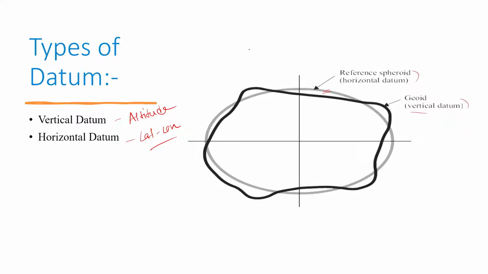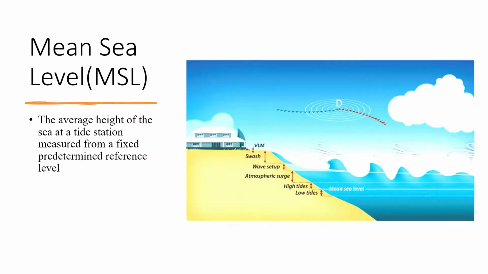There is also a known thing, I think everybody knows about MSL, mean sea level, from where the measurement is done. Let's describe these things: MSL, spheroid, and geoid one by one. First, we come to the MSL portion, mean sea level. It's an average height. From the name, mean sea level, we know it's an average point, the average height of the sea at a tide station measured from a fixed predetermined reference level.